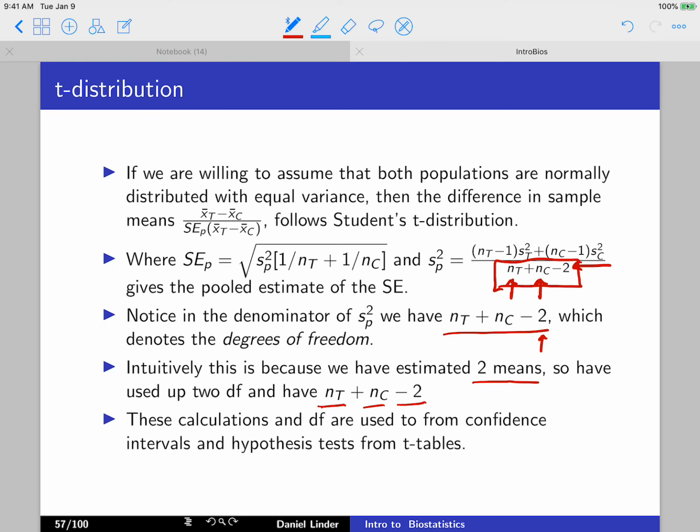So n sub t plus n sub c is the total, the number in the treatment group plus the number in the control group, and then minus the number of means that we're estimating. So we're estimating mu control with x bar control, and we're estimating mu treatment with x bar treatment.